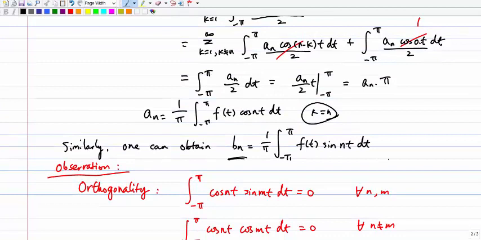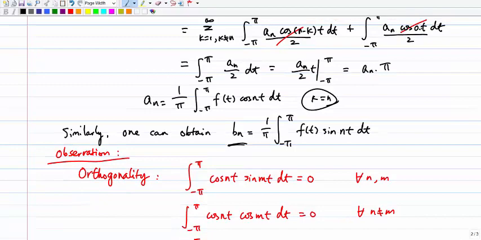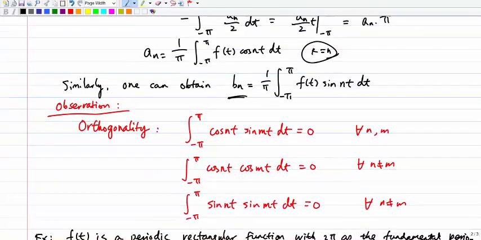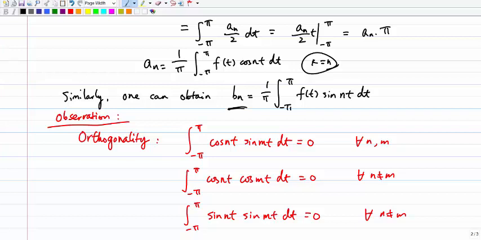Okay. All right. So by looking at this one, we also have a very nice property we can observe. By looking at this product, because I computed the product somehow over here and over here, you see, this is always 0. It doesn't matter what you are using right over here. So there is a very nice property we can observe of the integration from negative pi to pi of cosine nt sine mt. This is called the orthogonality property.